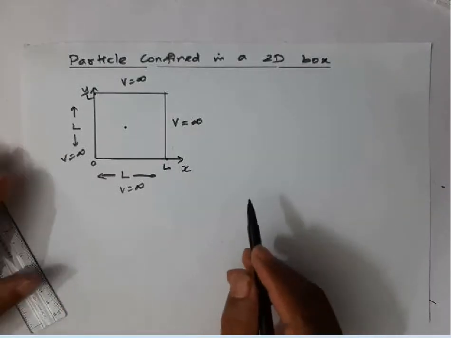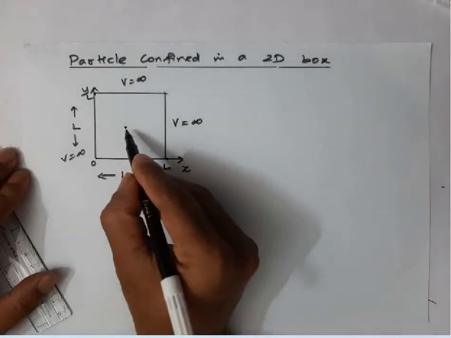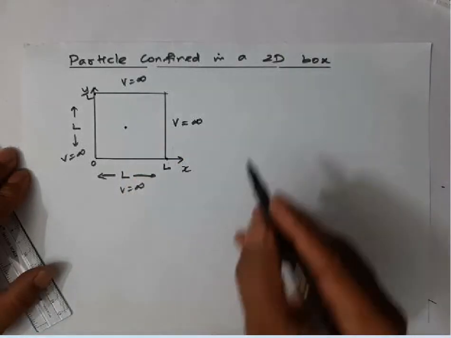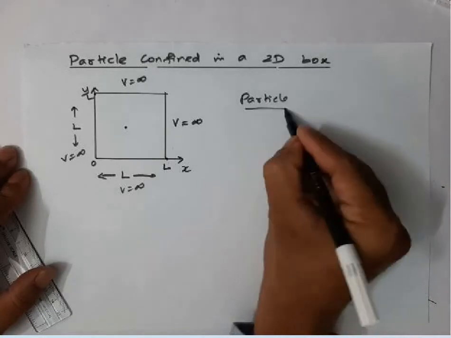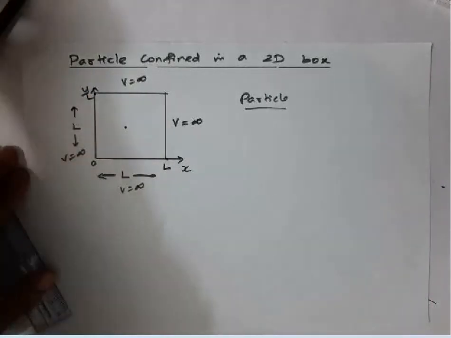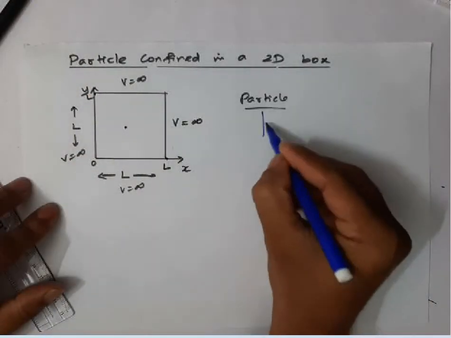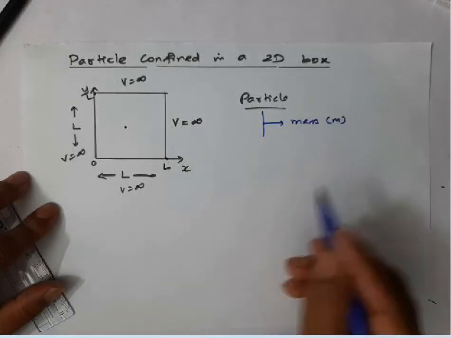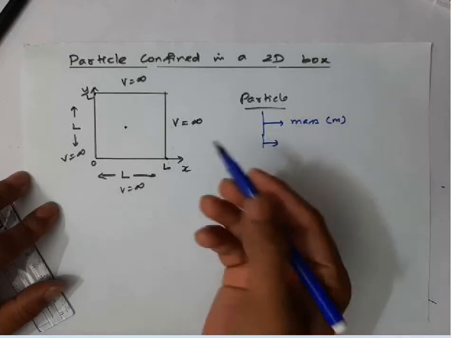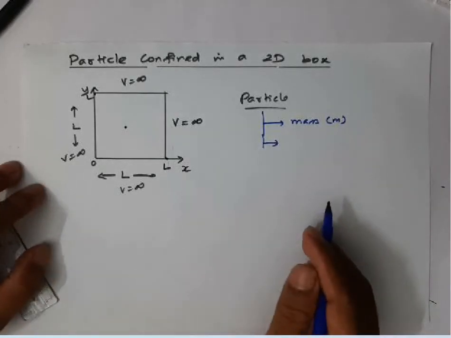And I am also going to assume the particle is a free particle. Let us assume the particle, which is actually a microscopic particle, has some mass m. Let the mass of the particle be m. It is a microscopic particle. It may be an electron, or it may be any molecule or any atom.